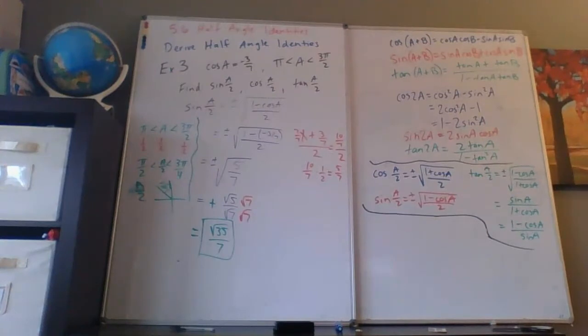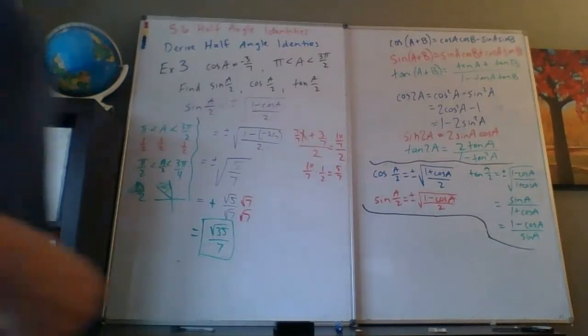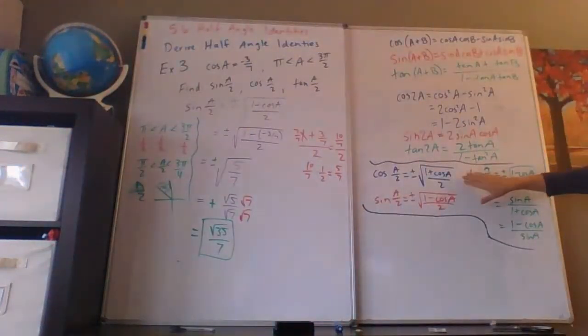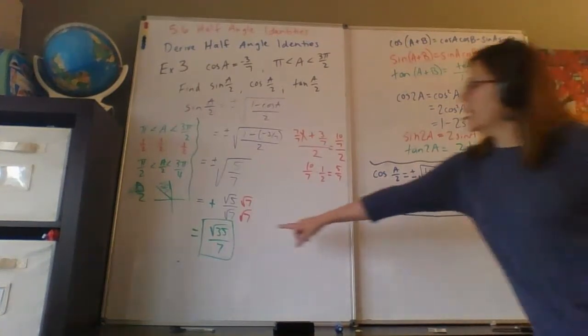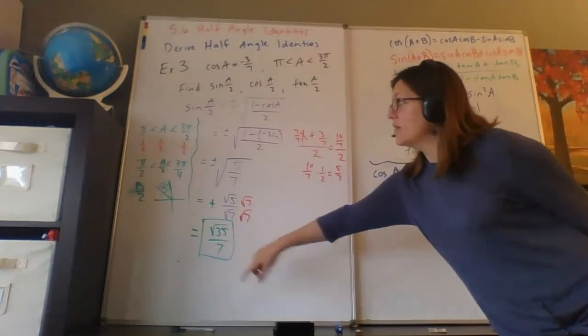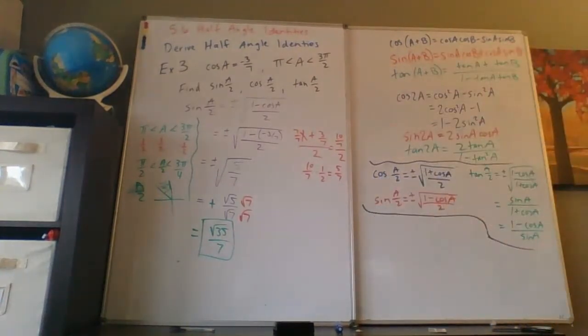At this time, to find cosine of A over 2 or tangent of A over 2, we could, of course, still use the half-angle identities. Since we already know the sine of A over 2 is rad 35 over 7, now we can draw a picture of A over 2 where y is rad 35 and r is 7 and find out what x is, and that will allow us to find cosine and tangent of A over 2.